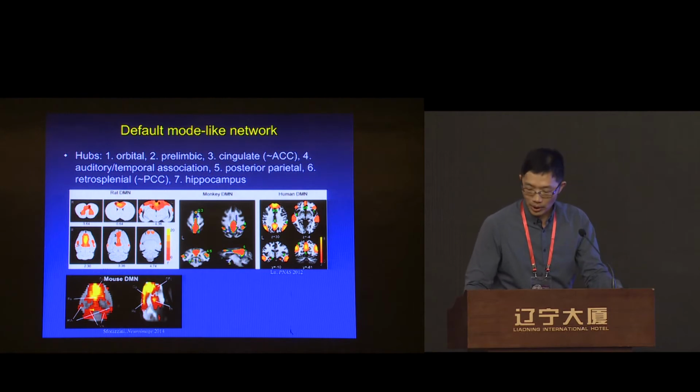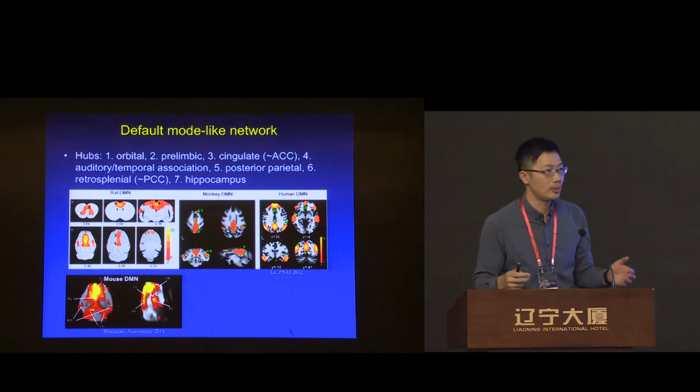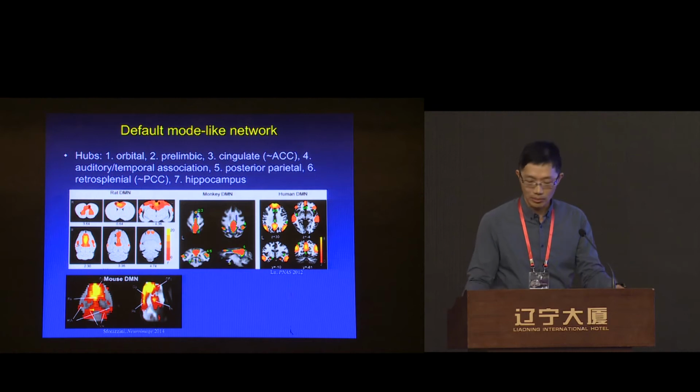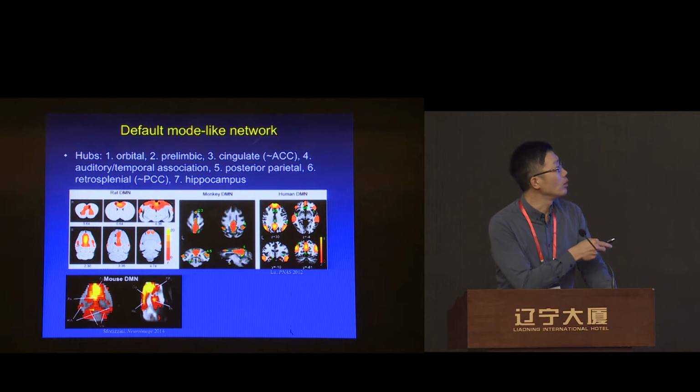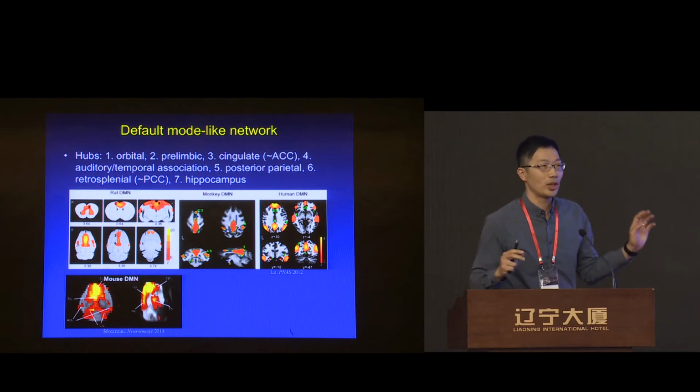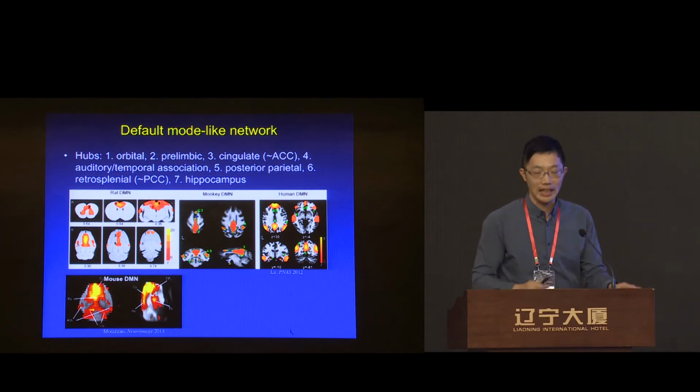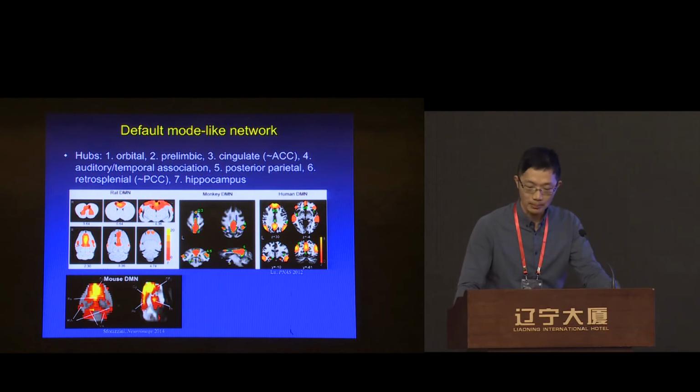However, the problem is that topological similarity doesn't mean they are functionally similar. So what does the default mode network in the rodent do? In the beginning, we all just talked about it as default mode-like network, not default mode network.